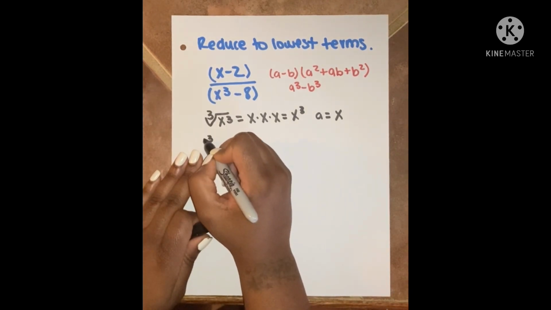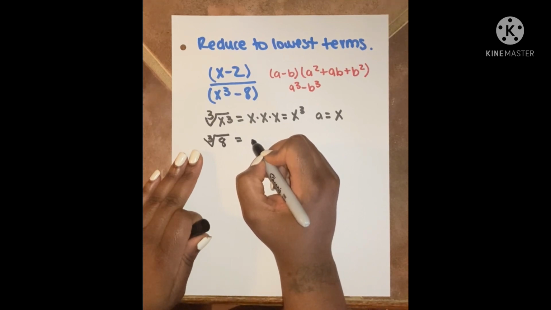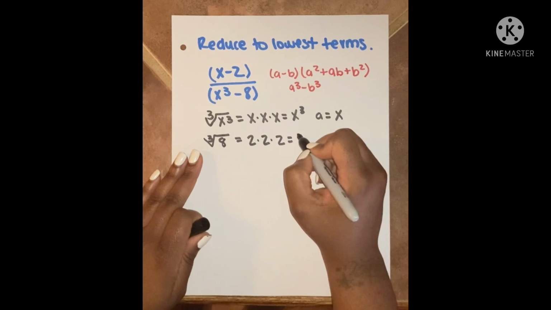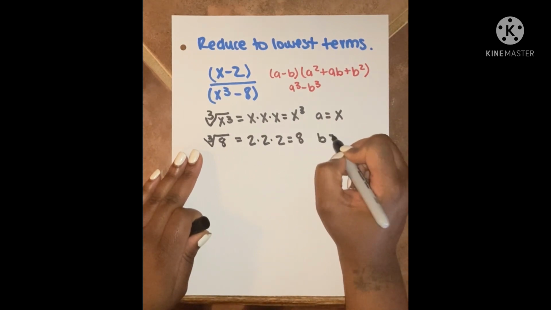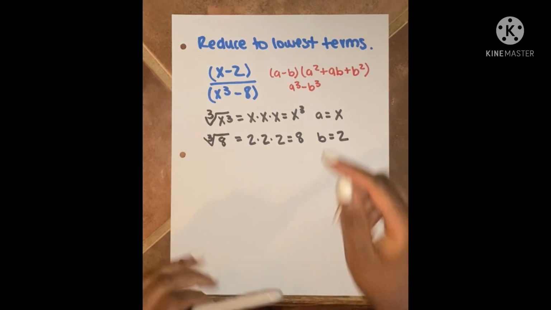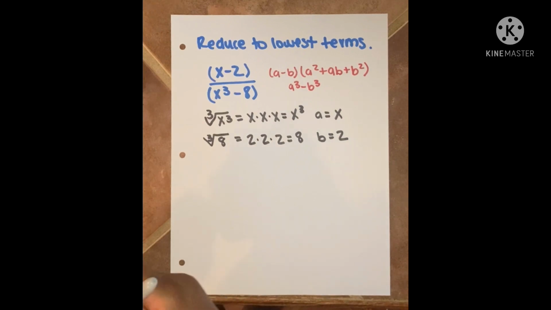Now we're going to take the cube root of 8, and we know that that is 2 times 2 times 2, which gives us 8, and b is equal to 2. So now that we know what a and b are, we're going to enter them into this formula.